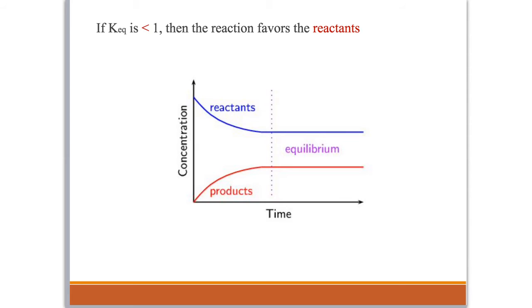If the bigger number is in the denominator, you have a number that's smaller than 1, so your equilibrium constant is less than 1, and the reaction is favoring the reactants. When it reaches equilibrium, when the concentration is not changing anymore, you are going to have more reactants. The concentration of reactants will be higher than that of your products.